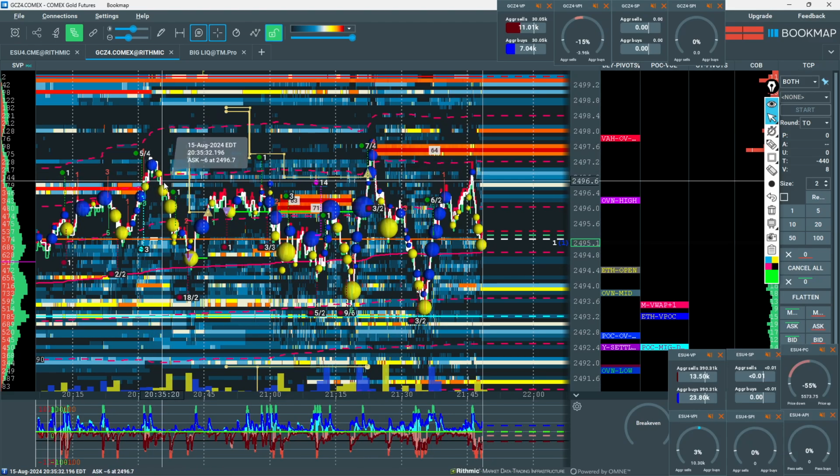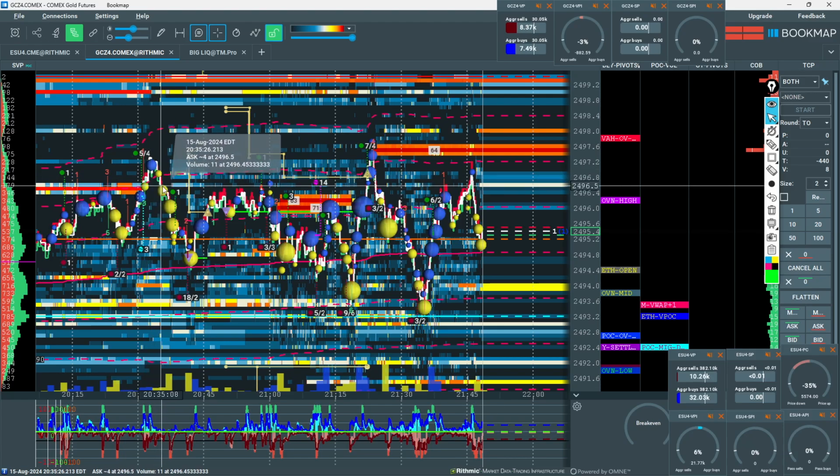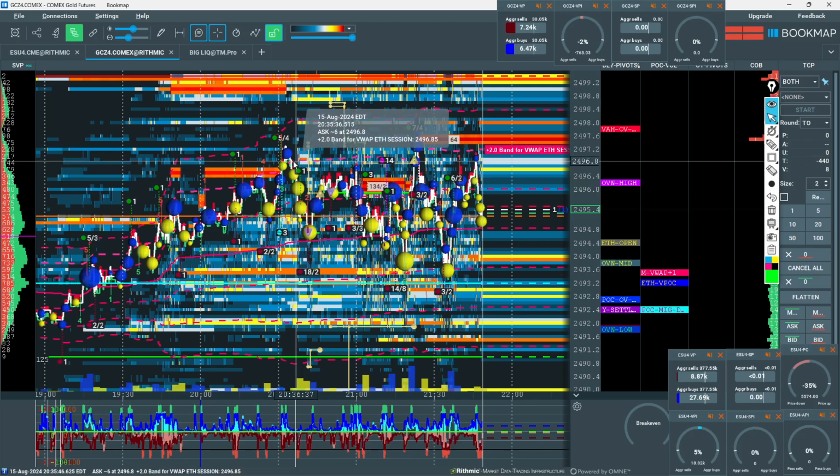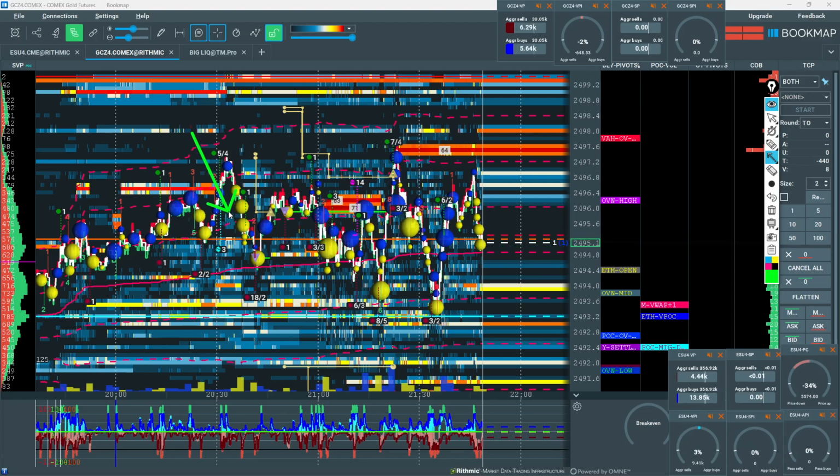I took a late entry in this rejection, right? Because this is actually my Black Sun strategy, where I get the rejection of +2 or +1 VWAP. So that's the upper deviations.